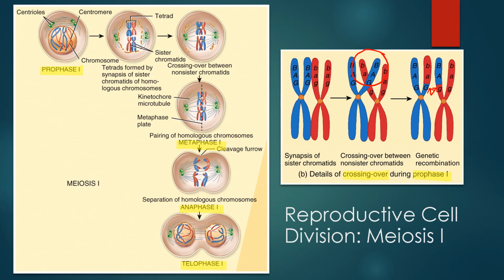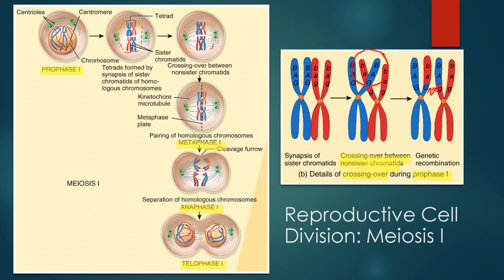Homologous chromosomes, or the same paired chromosomes, will pair up along the midline in prophase 1, and then they go through this crossing over. Then they'll go into anaphase. They go through metaphase first, when they pair up along the metaphase plate.